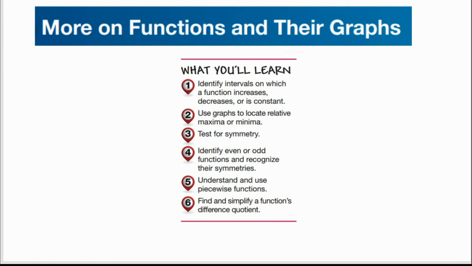So here for this section, more on functions and their graphs. Want to be able to identify the intervals on which a function increases, decreases, or if the function's constant, and what does that mean? And then to be able to talk about if a function has a maximum, if it has a minimum. It may have more than one maximum. So we can talk about relative maximums.